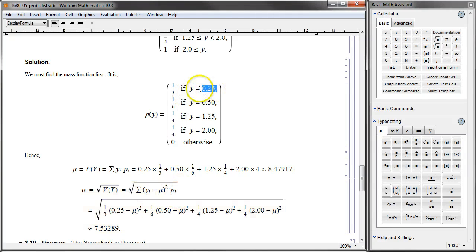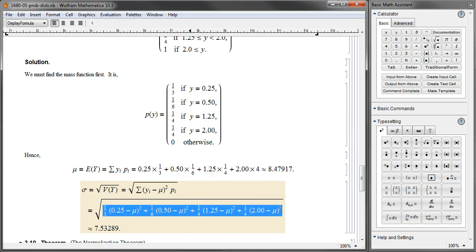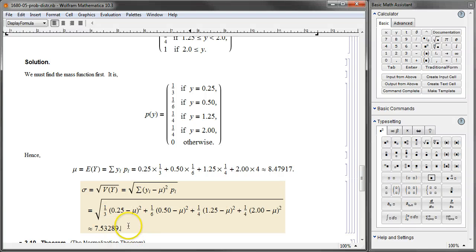So 0.25 minus this expected value squared. So deviation squared times the probability, and so on and so forth. Calculate it all using a handheld calculator, and then take the square root, and then we get the standard deviation.